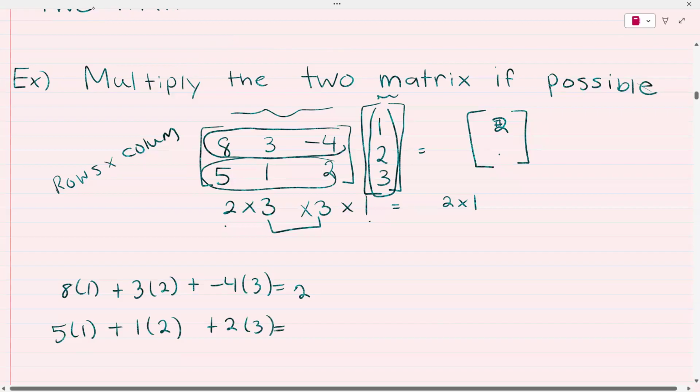When you put it all together, you should get an answer of 13. So the final answer is 2, 13. That is how you multiply two matrices. You have to make sure it's possible, and then your final outcome is this number by this number.